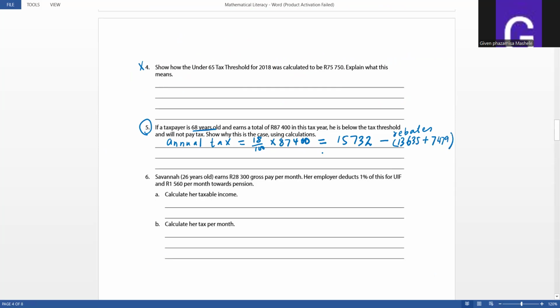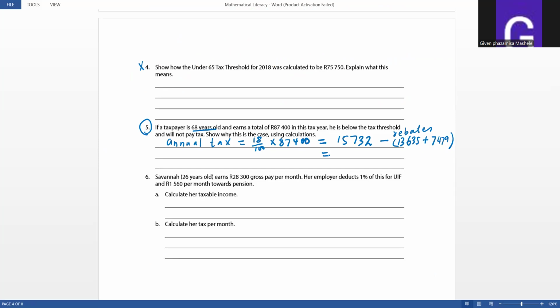Let's now take 15,732 and subtract this: 15,732 minus 13,635 plus 7,479.